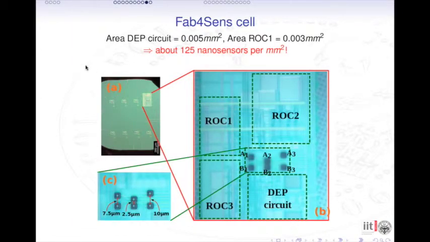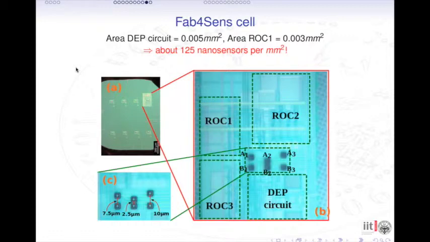This is a picture of the final prototype. So, 8 elements in the array. Each element is composed of a single DEP circuit that is associated to 3 couples of microelectrodes, and 1 readout circuit per couple of electrodes, so per nanosensor.